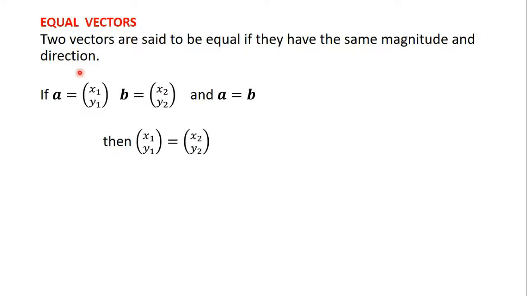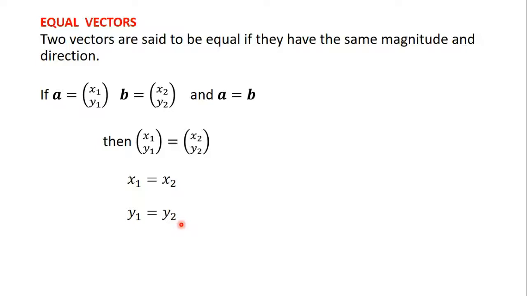So, if vector A is given as x1, y1, and vector B is given as x2, y2, and vector A is equal to vector B, then x1, y1 is equal to x2, y2. So, x1 is equal to x2 and y1 is equal to y2.